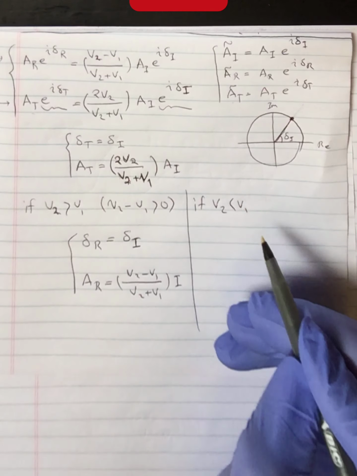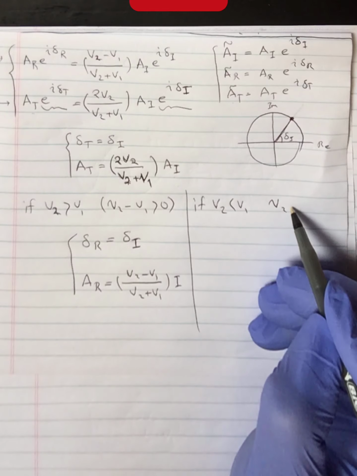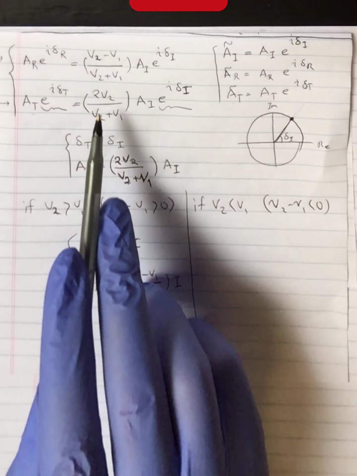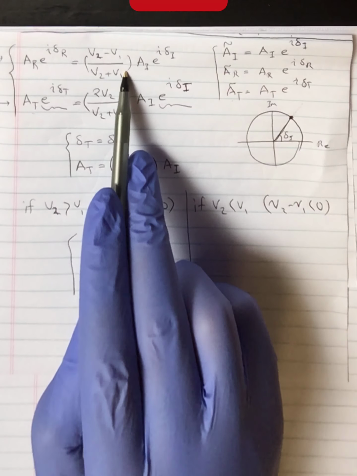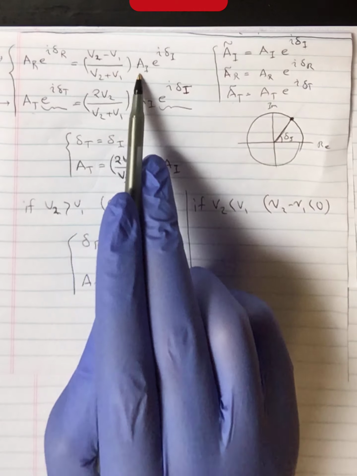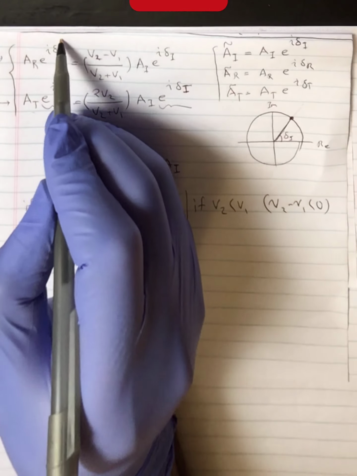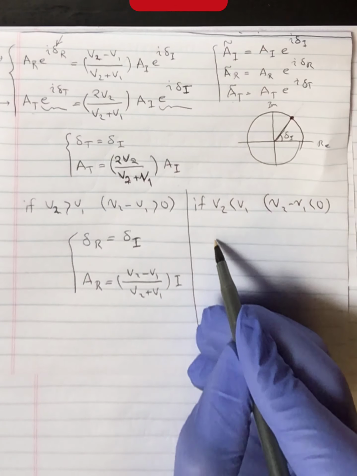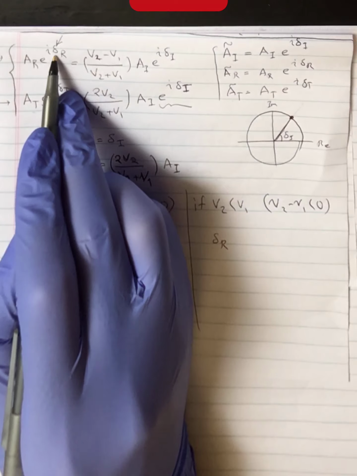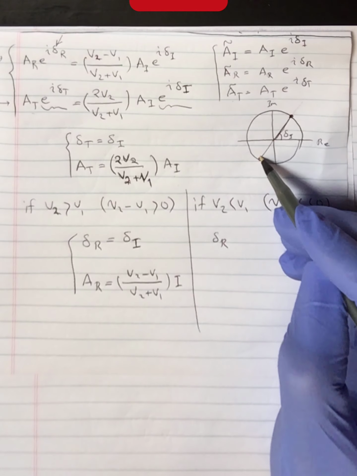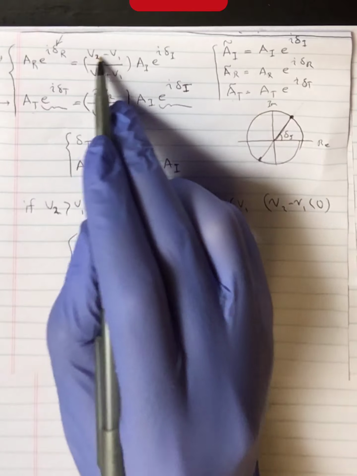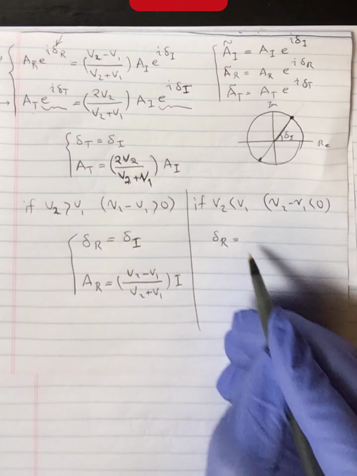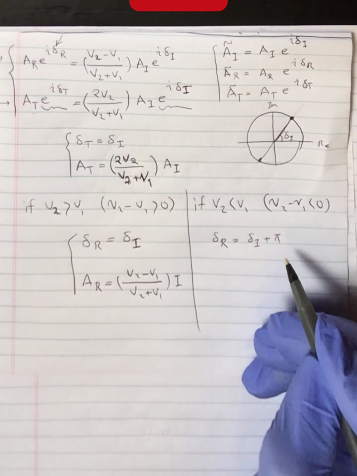But if V2 is smaller than V1, that means V2 minus V1 becomes a negative number. The fact that it's negative makes the whole thing negative, and that is reflected in the direction and wave constant up here. So delta R will have the opposite direction, reflecting the negativity of this factor in the parentheses. So delta R becomes delta I plus pi.